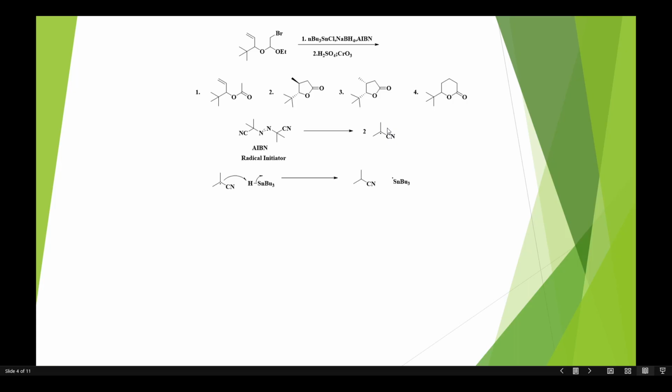Okay. Then after that, what will happen? Then it will generate a radical, and the radical reacts through homolytic cleavage.